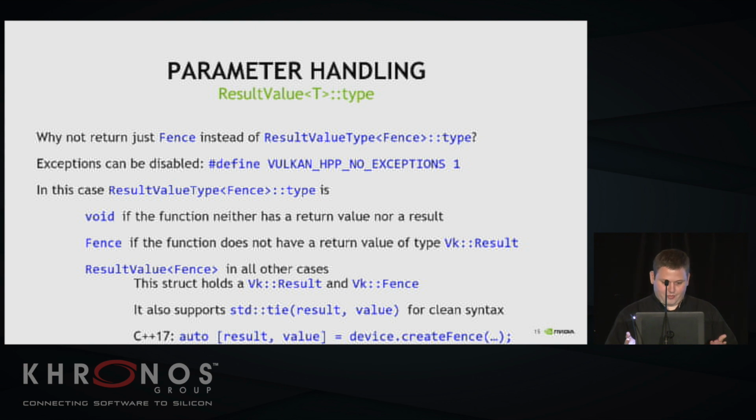On C++17, you can even write auto [result, value] = something, and you have a single line of code to create it, and you get your error code and the object, which is quite nice.